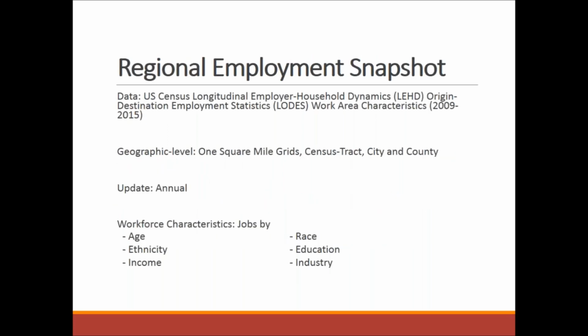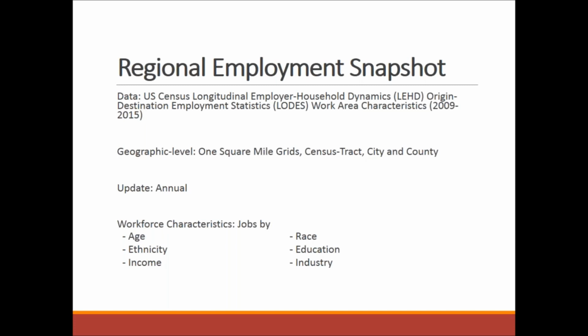Today I'm going to cover two applications related to employment, and the first one is the Regional Employment Snapshot. It is based on U.S. Census Longitudinal Employer-Household Dynamics data, which is pretty cool, and the data is available at the census block level. On the application we have the data at the census tract, city, county, as well as 1 square mile grids.